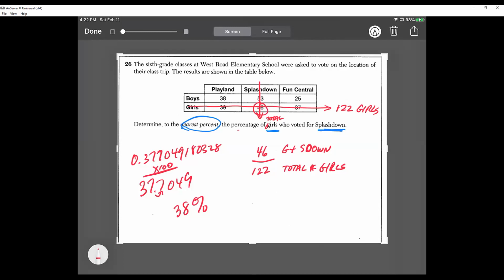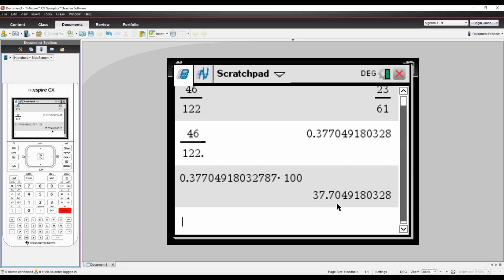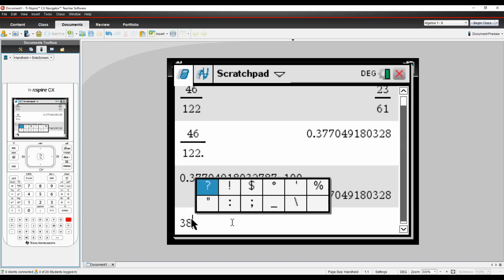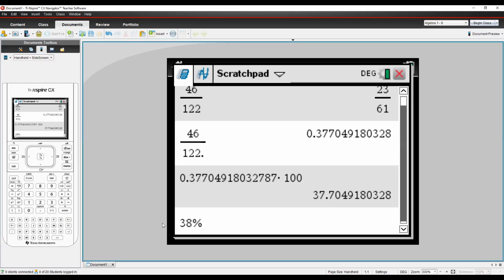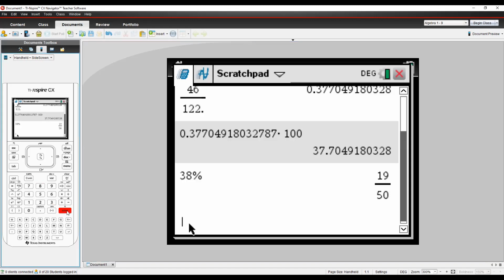Now, let me show you one more thing so that you can know that you're on the right track. If I go back to the calculator, I said that the answer is going to be 38%. Now, if you go 38, there is a key right down here in the right bottom corner, and it has percent here. So 38%, once you press enter, it gives you a fraction, but we want it as a decimal.